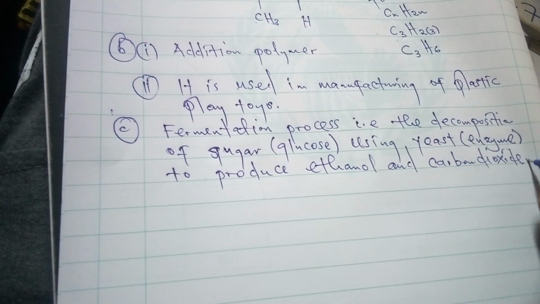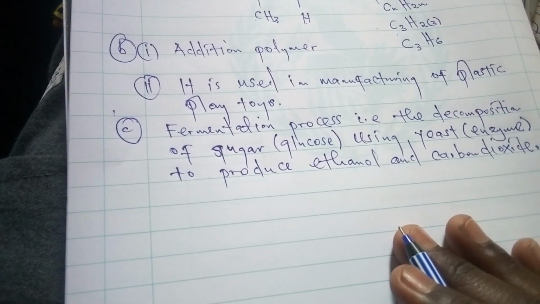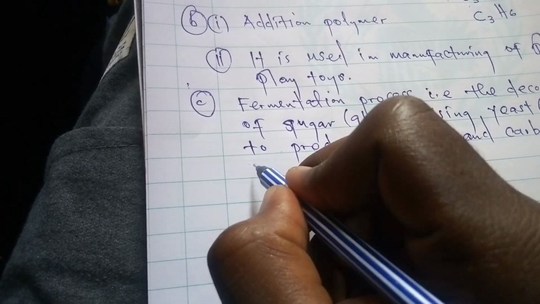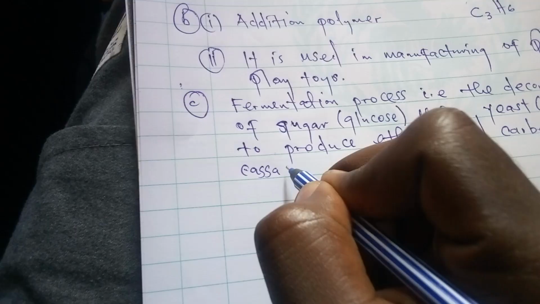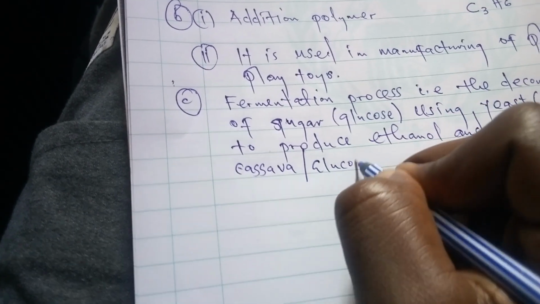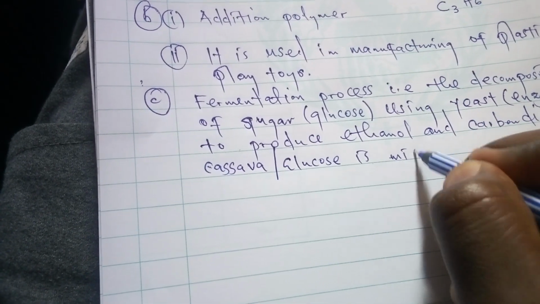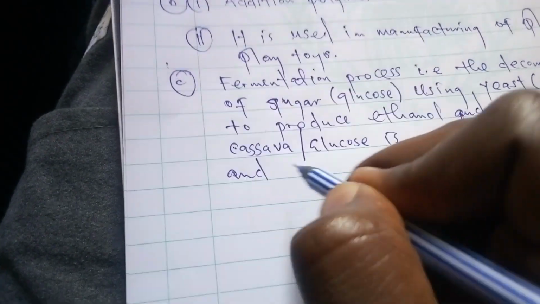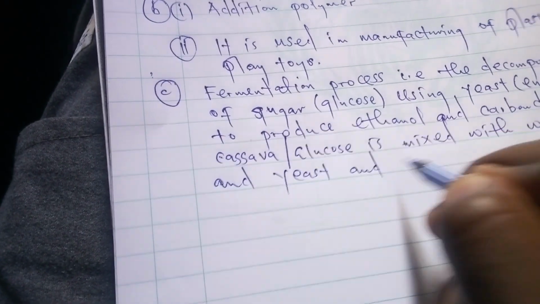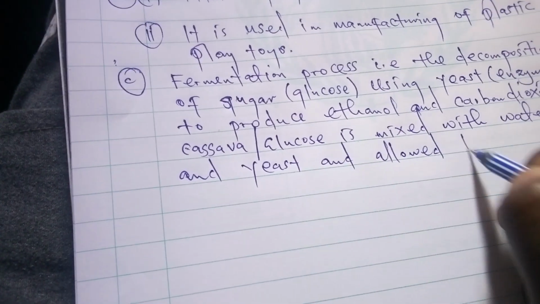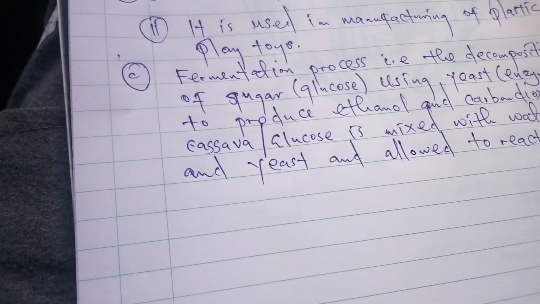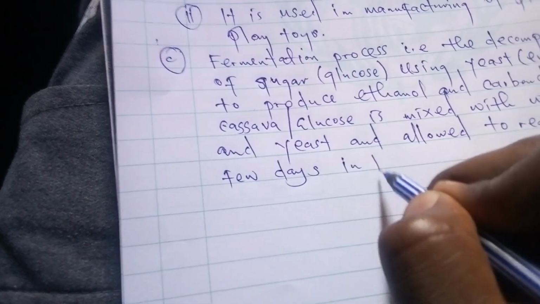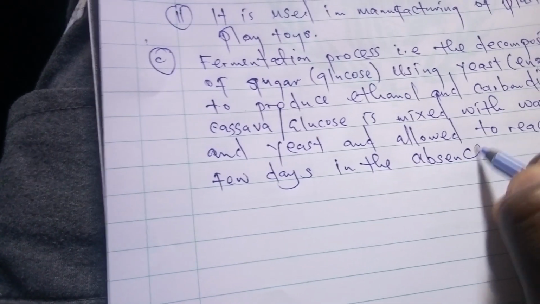During production of ethanol using glucose or the sugar, in this case cassava, the glucose is mixed with water and yeast and allowed to react for a few days in the absence of air.